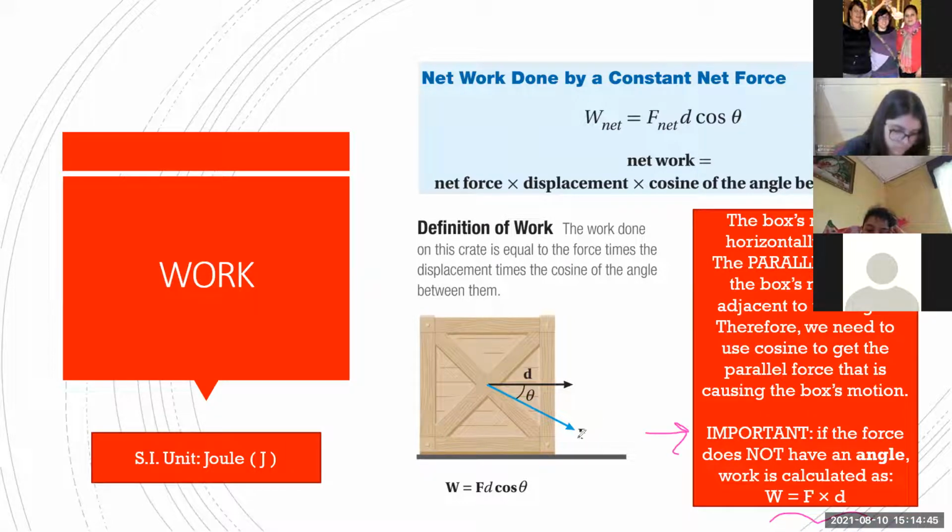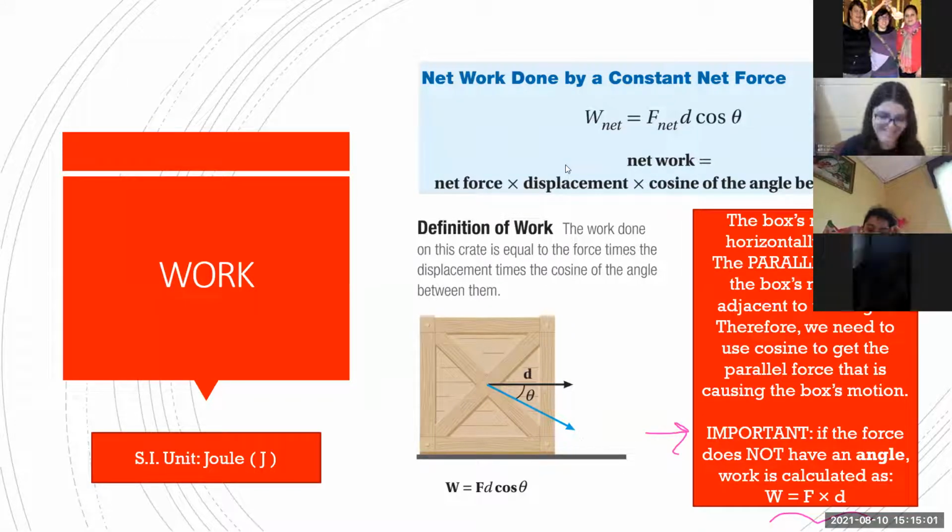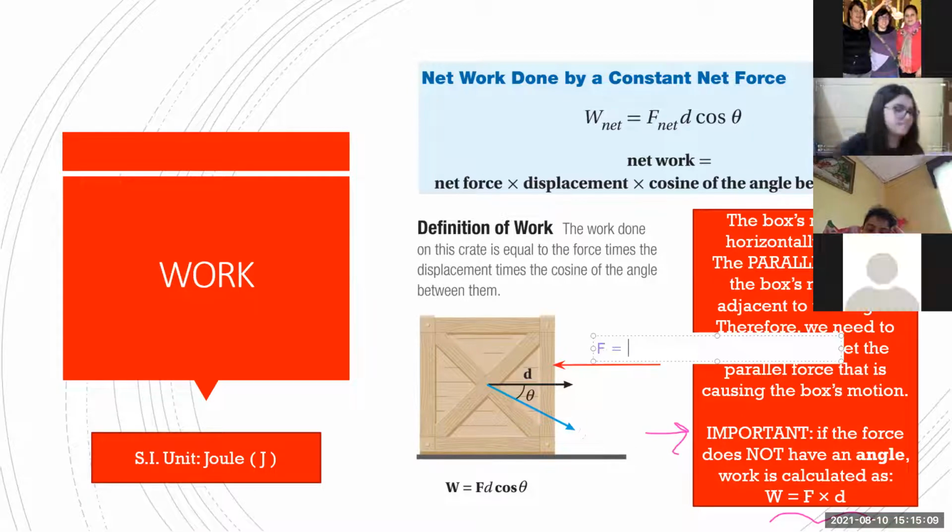Imagine that the only force acting on this object is this one, and I say that this force is equal to 200 Newton.